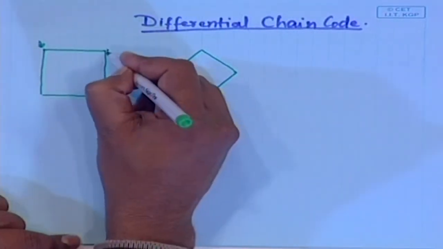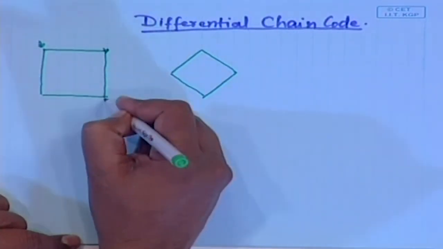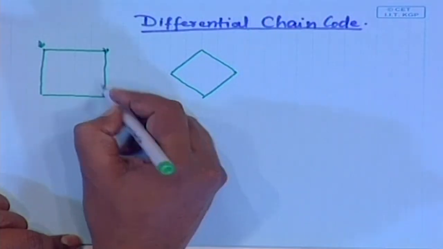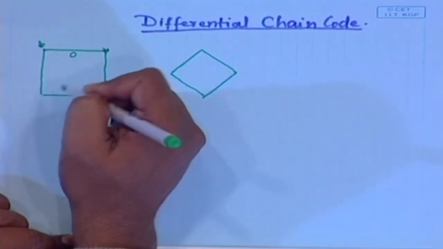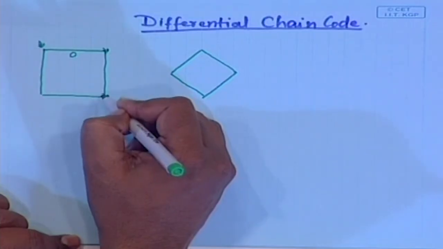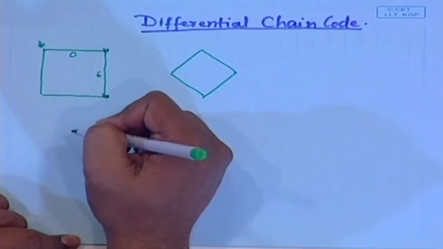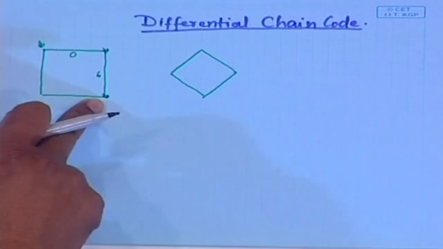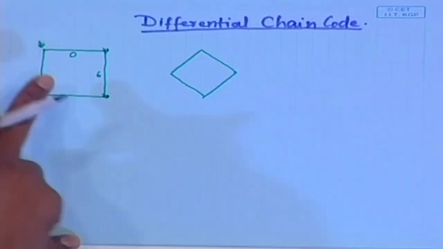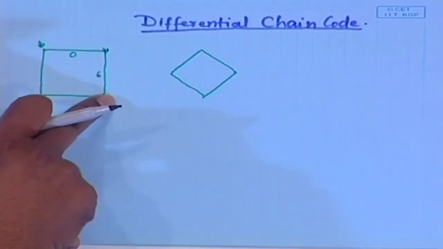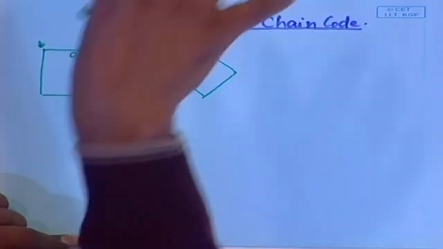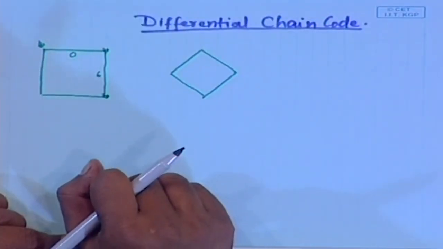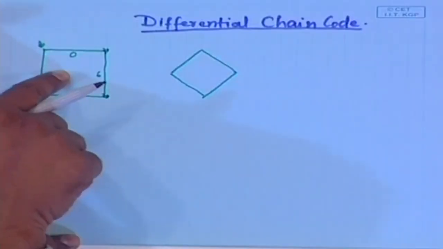When I move from the second point to the third point, the code was supposed to be 0, and here the code was supposed to be 6, following 8 connectivity. So instead of giving this direct code, I give how many rotations, either in the clockwise or anti-clockwise direction of the rotations in my coding scheme, have to be made so that I move from 0 to 6.